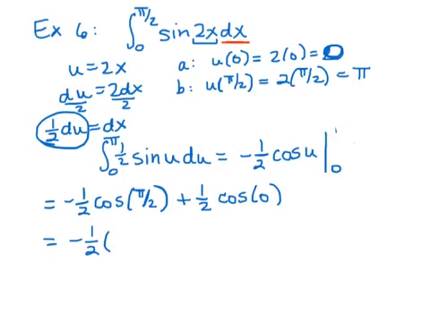This is just pi. Let's fix that. Pi, pi. Okay, cosine of pi is negative 1. Cosine of 0 is positive 1. So we have a 1/2 plus a 1/2, so it's just 1.